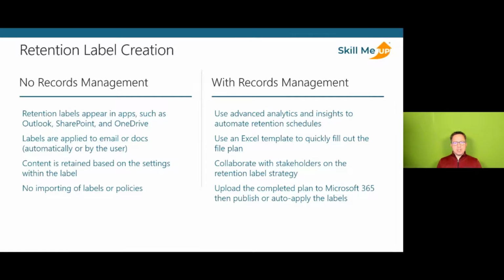We can then start to do what we can do in things like taxonomy, where we can define stakeholders who own those retention labels and the strategy that we've adopted. So we can say, these are my stakeholders. And so when changes need to be made or tweaks, we can go to the stakeholders. And then, of course, we can upload a completed plan and have it auto publish and auto apply all of the labels if we need to.